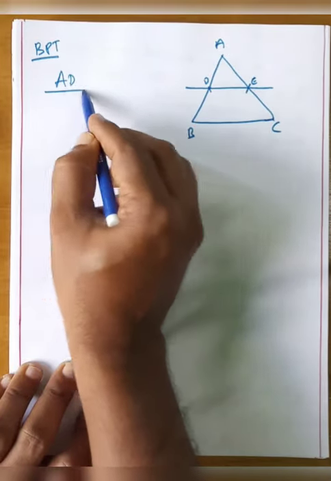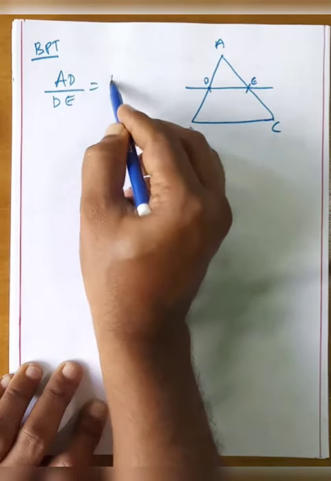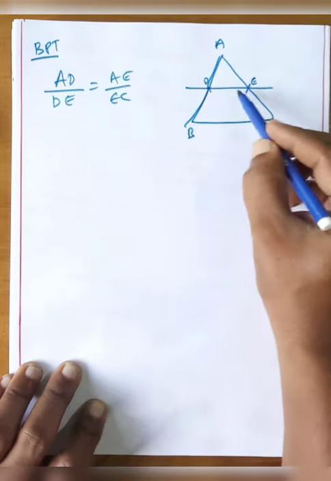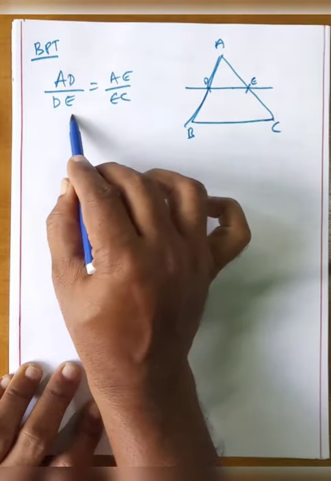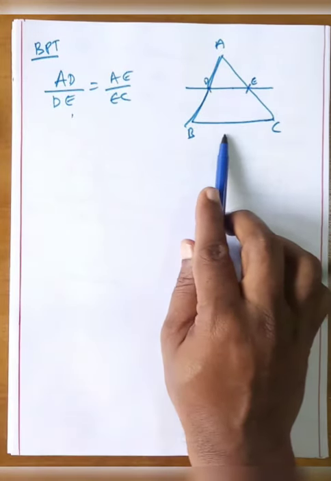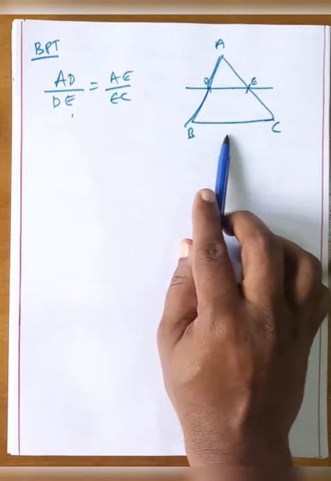That is AD by DB is equal to AE by EC. If the line is not parallel, this is not correct. Compulsorily, the line must be parallel to one of the sides, and then it divides the remaining two sides in the same ratio.